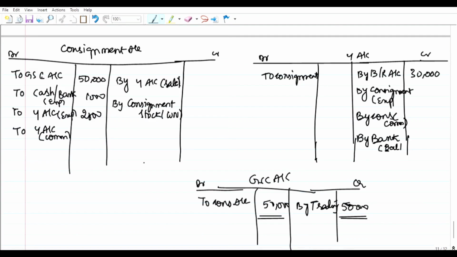And what will be the commission receivable by consignee? I think 10% he has provided. The 10% will be provided on sales directly. That would be paid from the sale commission, which is 55,000 into 10%.